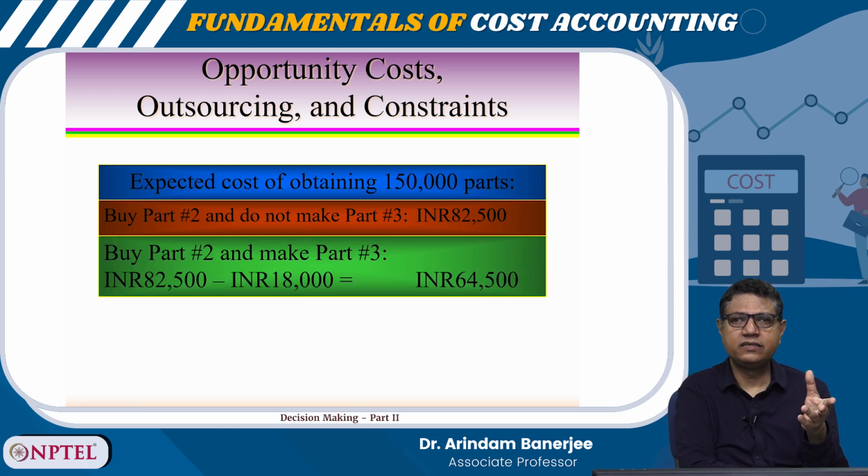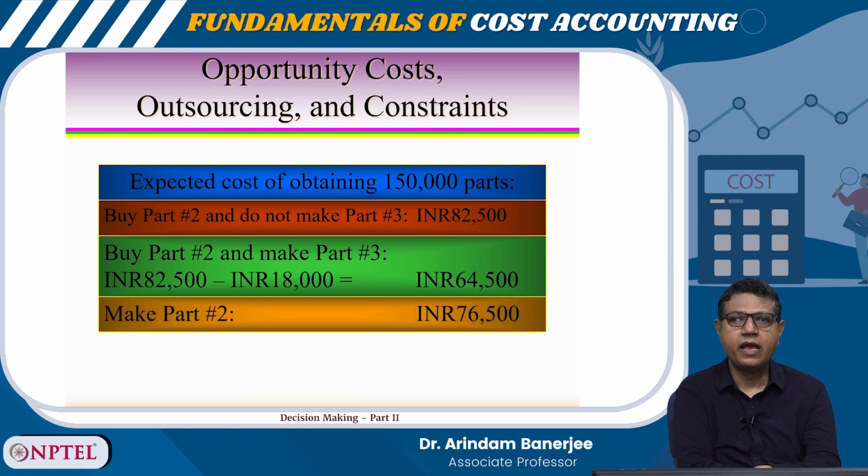If it buys part 2 and makes part 3, the cost is 82,500, and it gets an incremental operating income of 18,000. So the cost will become 64,500 effectively, right? And if it makes part 2, then the cost will be 76,500, which we have already calculated, right?